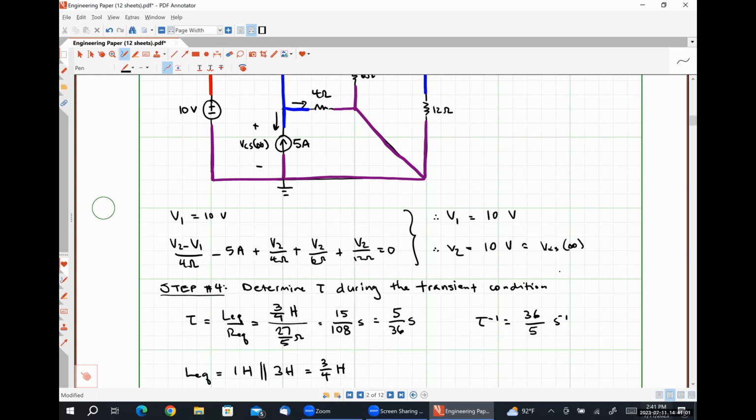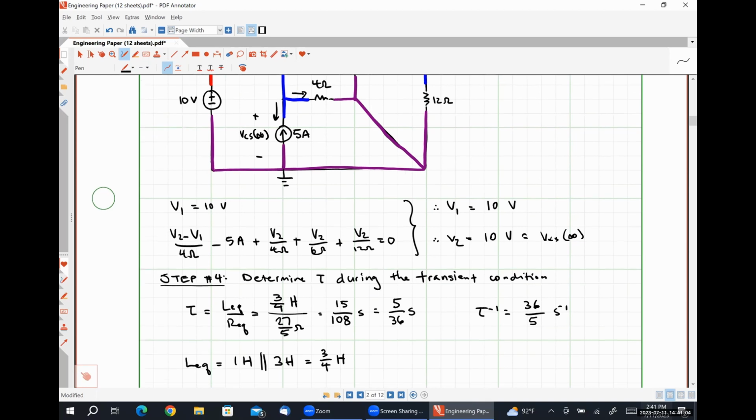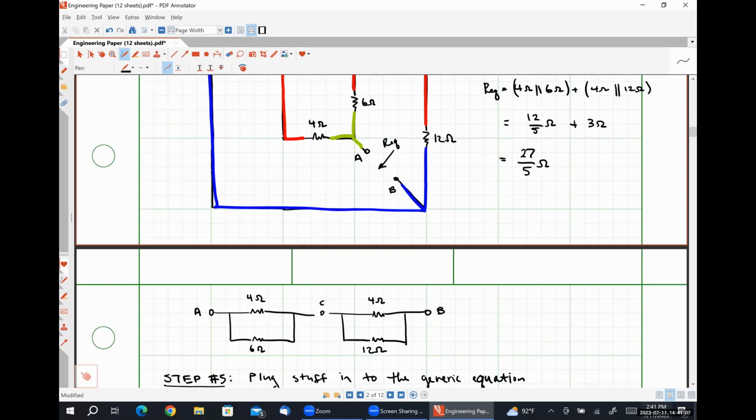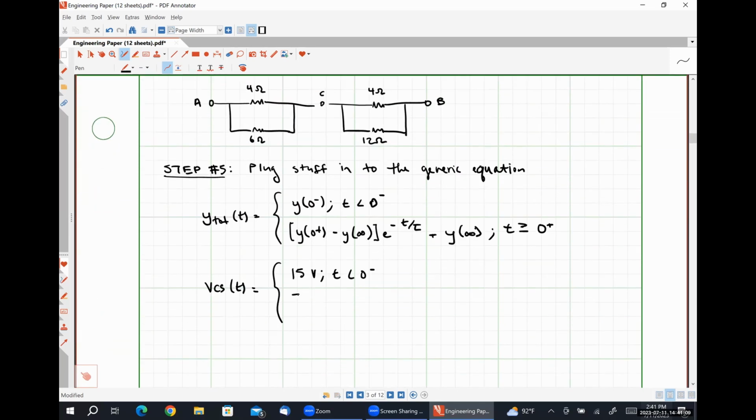So 45 over 4 minus 40 over 4 gives me 5 over 4, e to the negative, the inverse of tau, so 36/5 t, plus y at infinity, which was 10 volts, for t greater than or equal to 0 plus. And this matches the provided answer on the in-class assignment sheet.